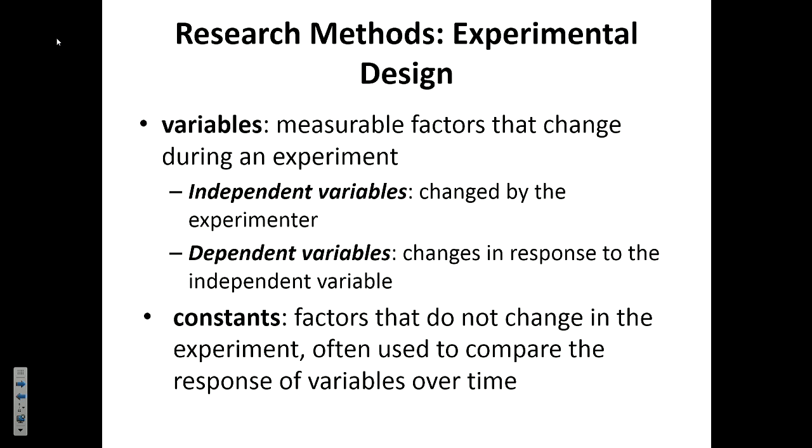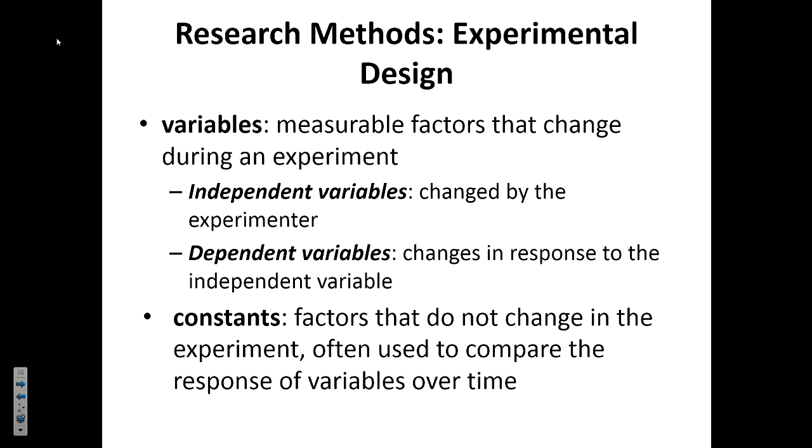I have a picture to help you distinguish between them if you haven't done a lot of research. But an independent variable is something that the experimenter is going to change. So you have control over that. The dependent variable is going to change in response to whatever it is that you're trying to do. So you don't have control over that.